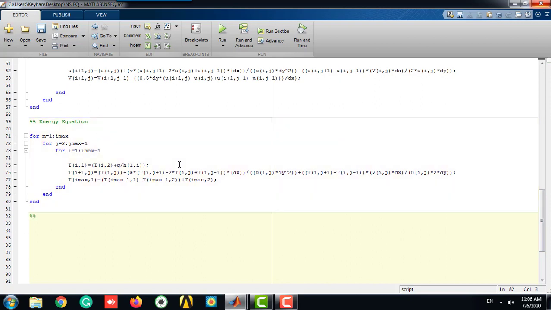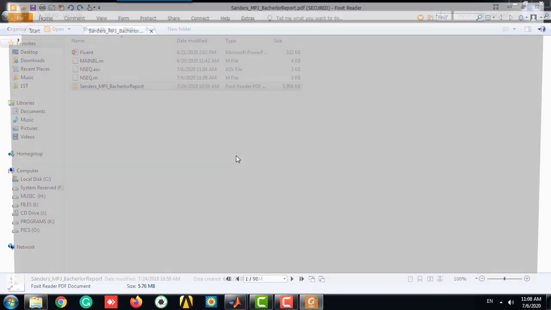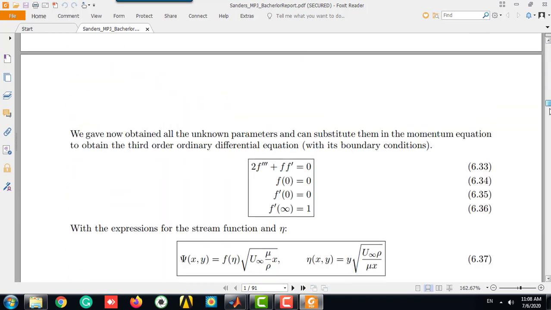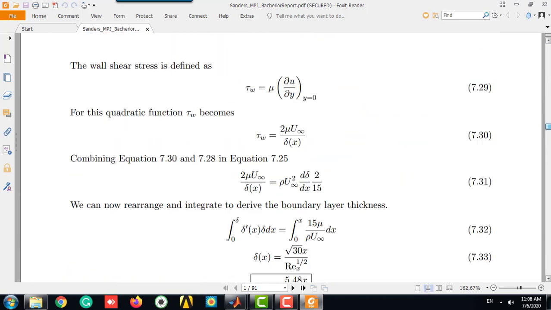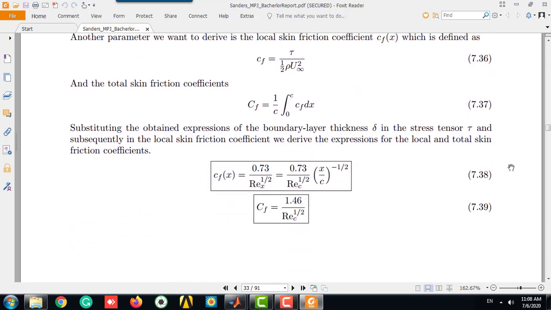After entering the equation, we write the Nusselt and CFD equation to help the user obtain these values in any length of the plate. So we define an input to ask the x value from the user, the desirable position, for calculating Nusselt and CFD. The report is from the Bachelor Thesis from Sanders, and if we go to page 25, we reach the empirical CFX and Nusselt and write them into the code.